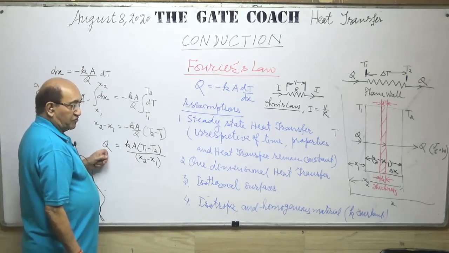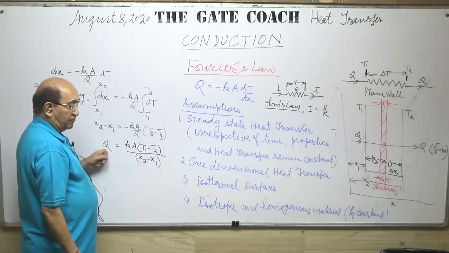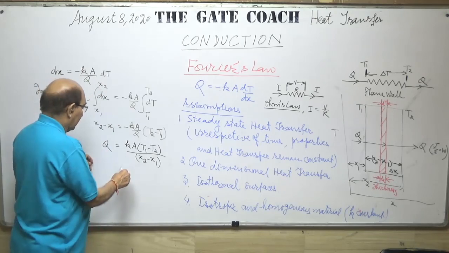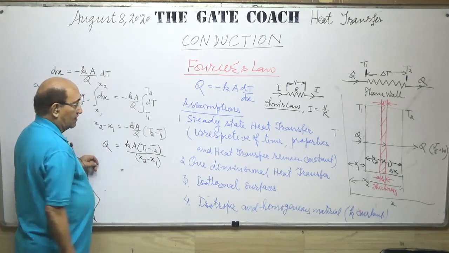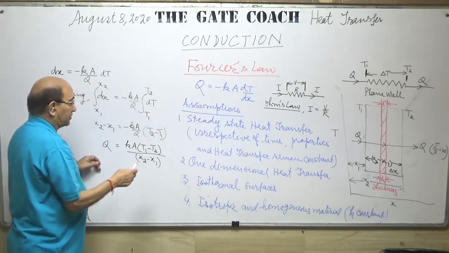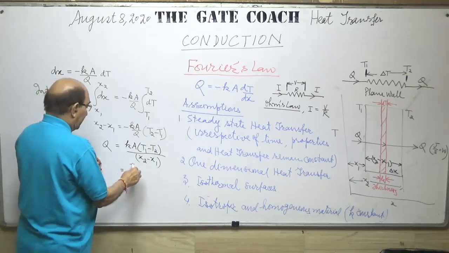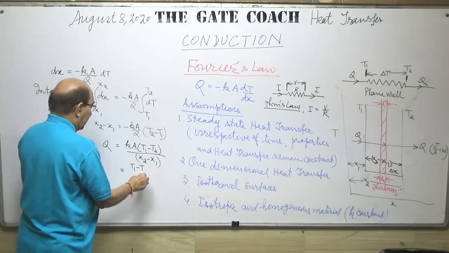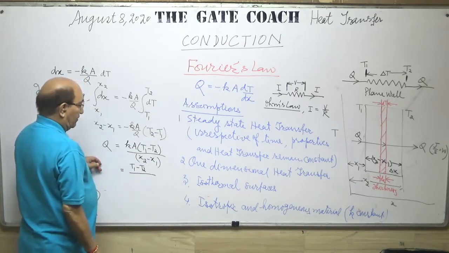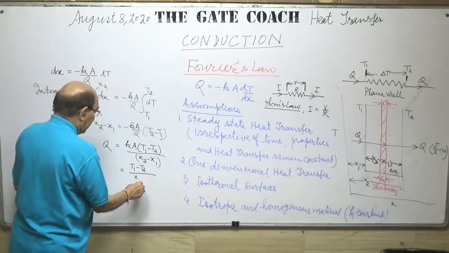This is flow of heat, flow of current. Electrical potential difference, thermal potential difference upon a resistance.